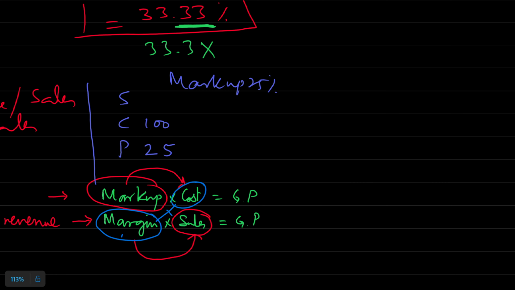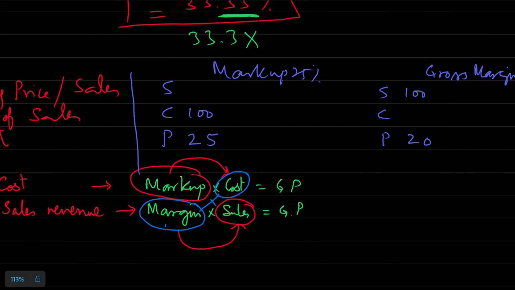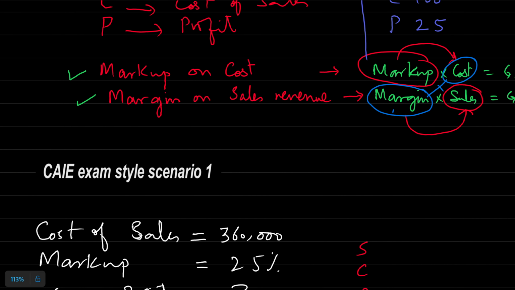And students, if you are given margin, let us suppose this is 20%, so that means profit is 20 because margin is applied on selling price, so sales will be 100. So 20% means if sales price is 100, the profit will be 20. So students, SCP concept will help you a lot in solving this type of questions.